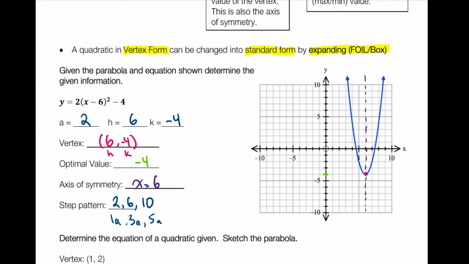So by using our a value and this general form for our step pattern, we should get that our step pattern is 2, 6, 10. And again, we can also see that from our parabola. As we move over 1, we go up 2 to the next point. Over 1, up 6 to our next point, and so on.